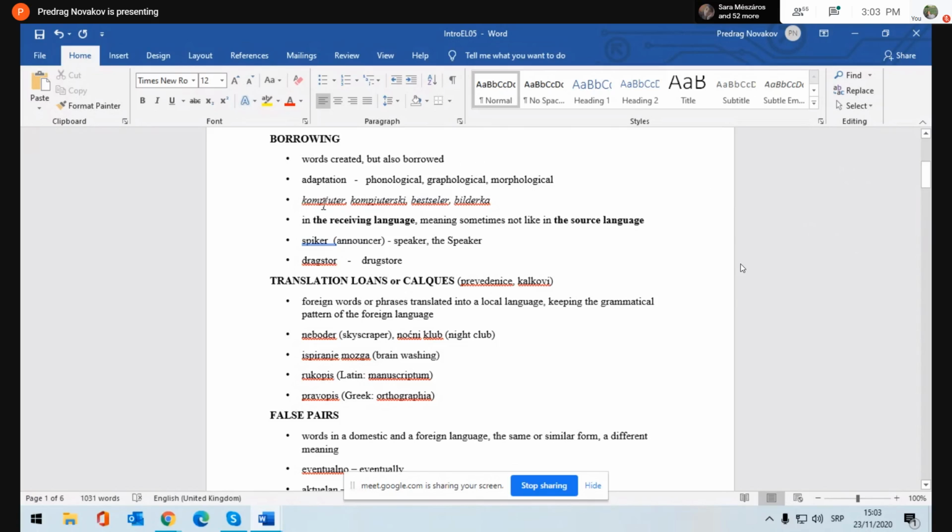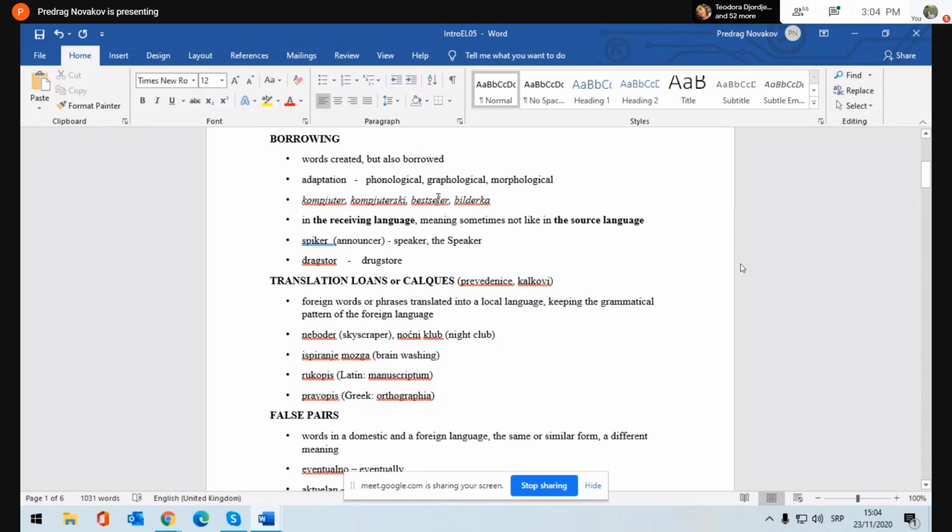So for example, computer into Serbian from English. Phonological is this, for example, the end. You have a clear r in Serbian, which is not so clear in English. Graphological, it is obvious you use y, which does not exist in English. You use k, which does not exist in English, okay?